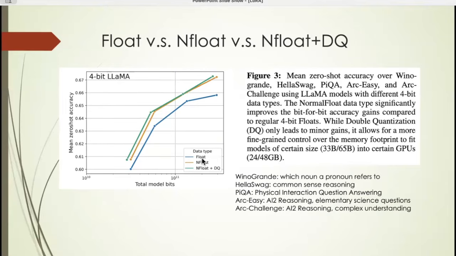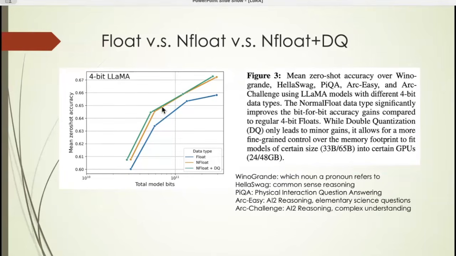Without the normal distribution considered, they just equally create the buckets. And then this is the normal 4-bit float, the orange line. And the green one is the normal float plus the double quantization. It's really additional compression of the parameters.